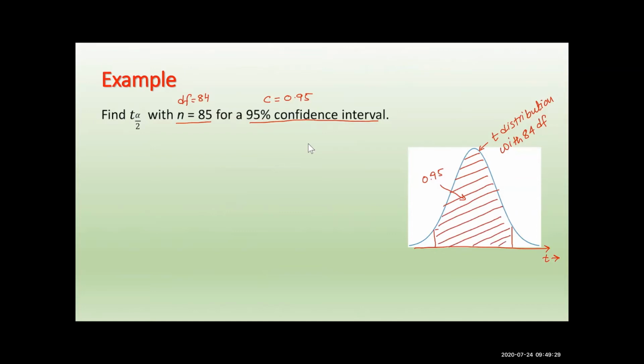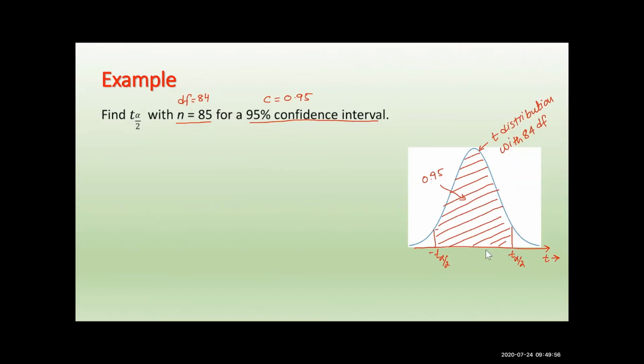So this value here is T alpha over 2, and this one is negative T alpha over 2. In order to find the value of T alpha over 2, you need the total area to the left of that. Here in the middle, we have 95% area, so the remaining 5% area is divided on the 2 tails.